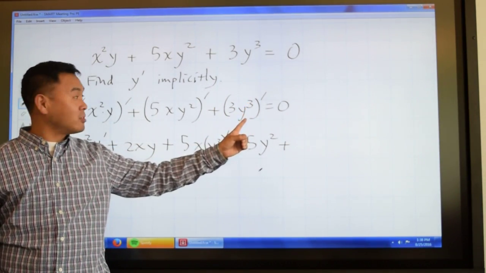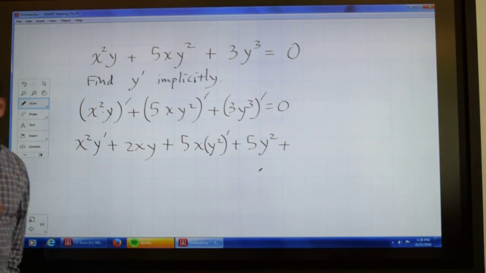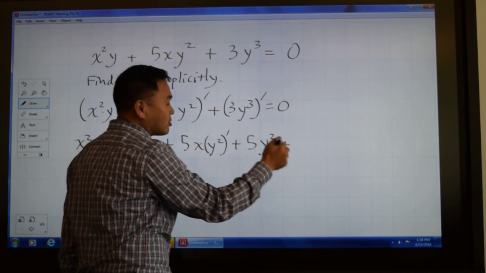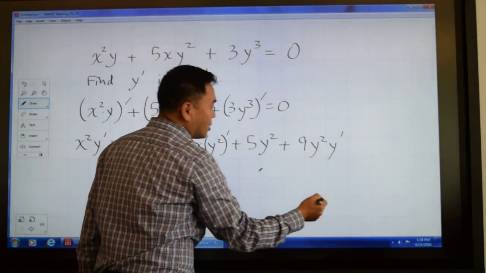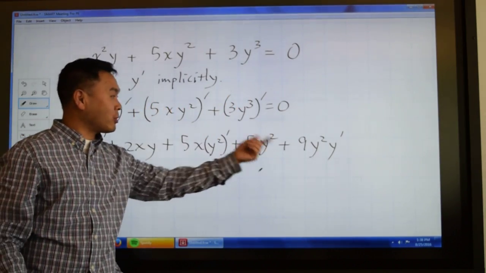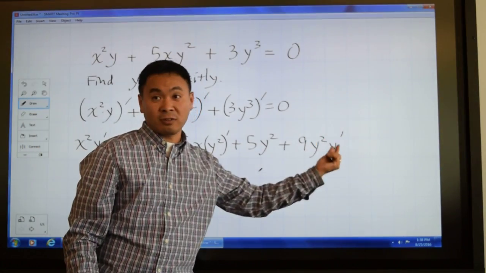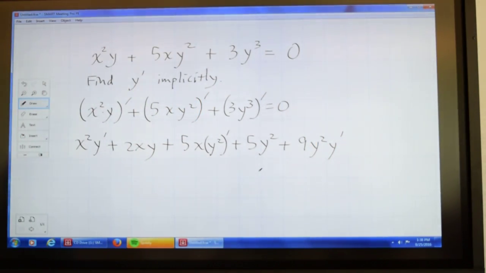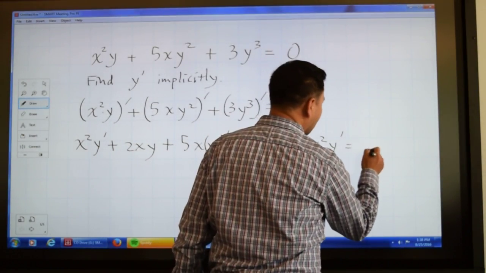So when you differentiate this, you have to use the chain rule, which says you differentiate this as if it's a function of y. So 3 comes down, so it's 9y squared, but then the inside function, which was y, has to be pulled out and differentiated. That's what the chain rule says. So you take the inside function out and differentiate. And that's equal to 0.